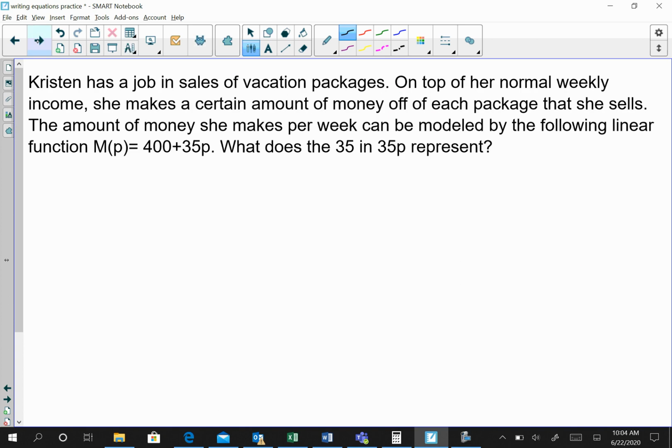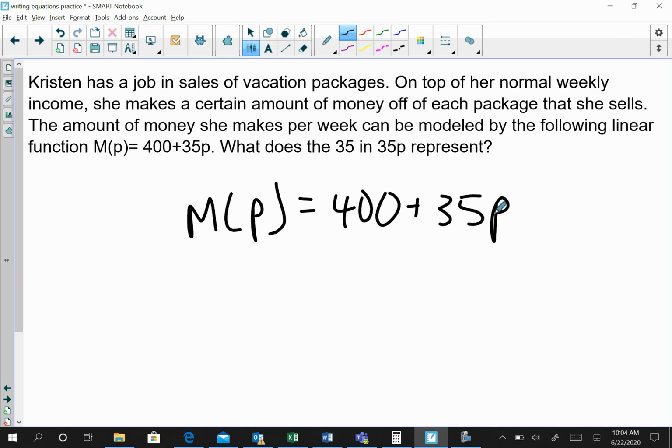It's a big one. Kristen has a job in sales of vacation packages. On top of her normal weekly income, she makes a certain amount of money off of each package that she sells. The amount of money she makes per week can be modeled by the following linear function. So I've got M of P equals 400 plus 35P.